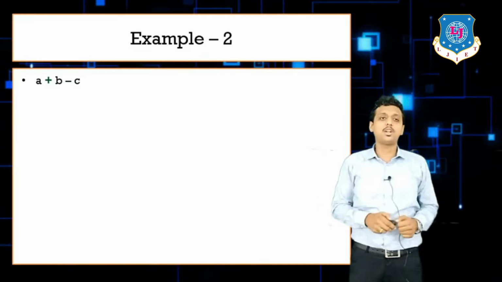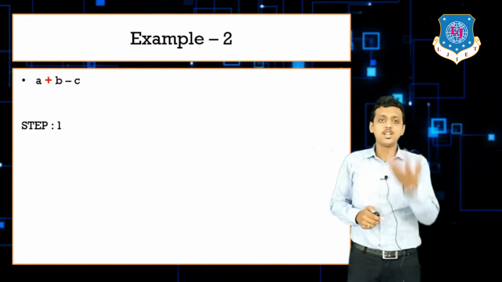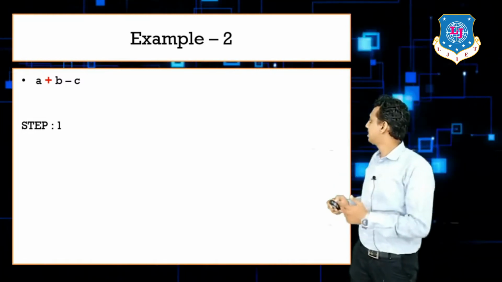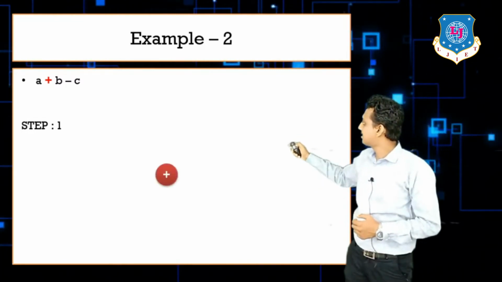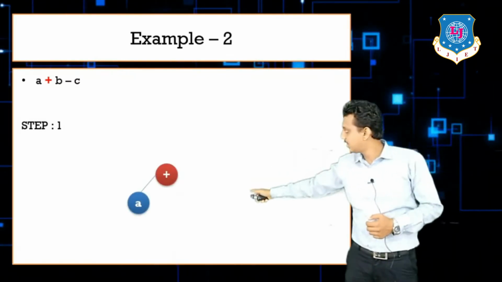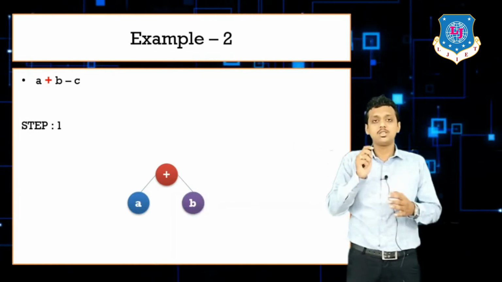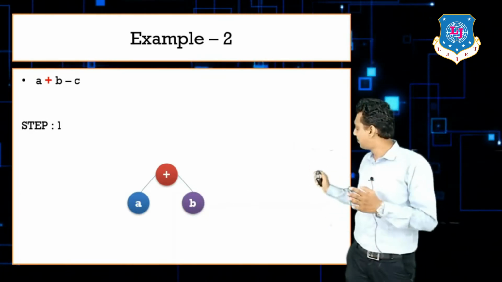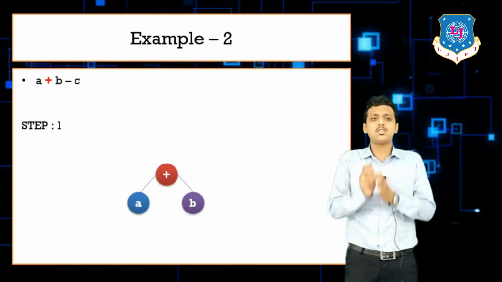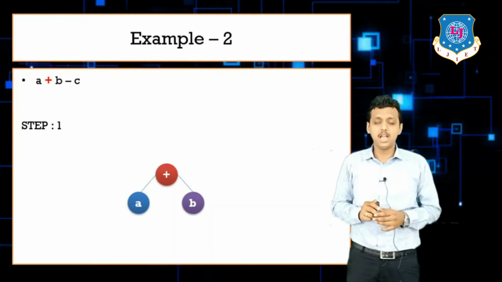That's why the first operator that I need to choose is plus. So let's start with the plus. The plus will become your root node. Then a is on the left side of plus and b is on the right side of plus. So up to this point we have already solved a plus b in the expression binary tree.